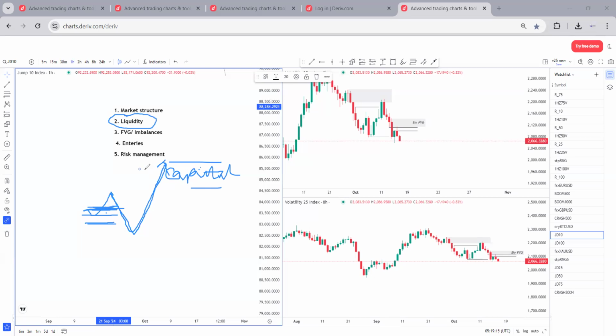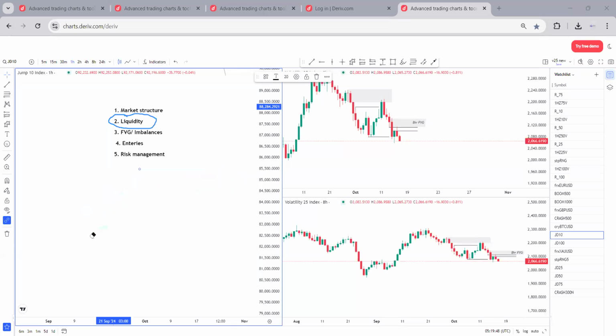We may look at liquidity later on, but there is a plethora of information on the internet about it. You might want to watch some of those videos, but I'll also try to do something about it, just in case you want to learn from me.